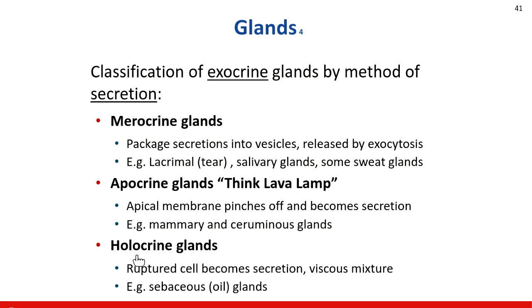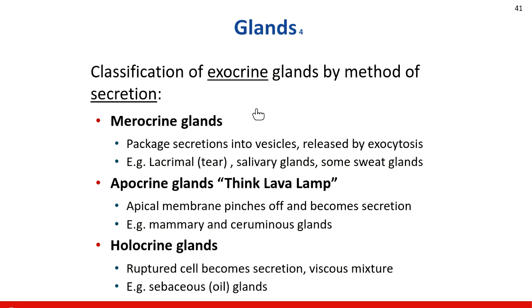So let's discuss the three types of glands. The merocrine glands are the ones in which, and I'll show you pictures to help you understand, whatever secretion they're making, they package it up. If you've seen my part 2 of chapter 4 lecture video, I discussed what a vesicle was.